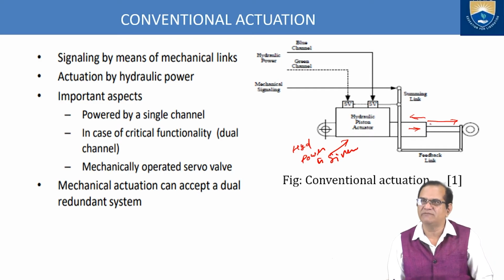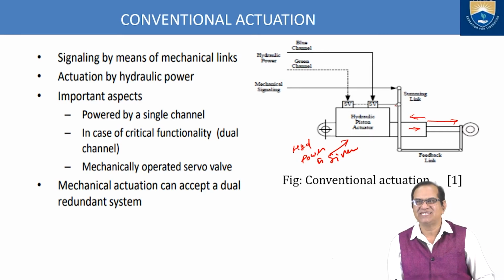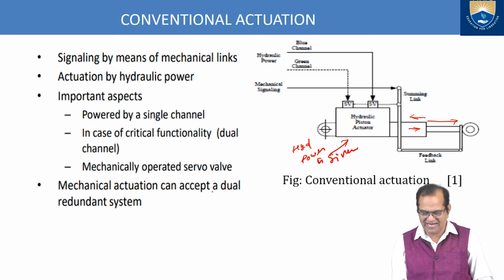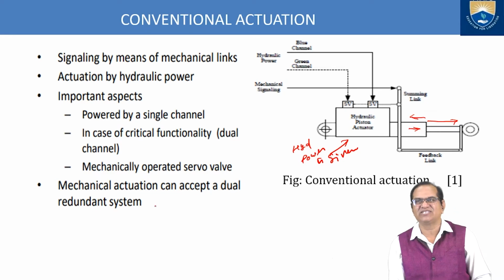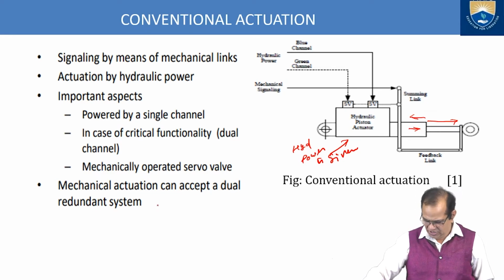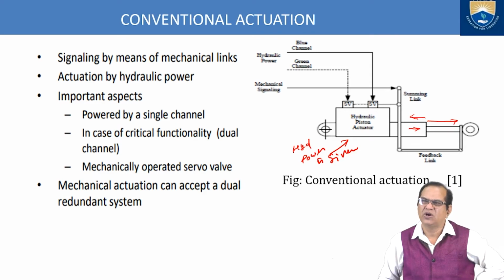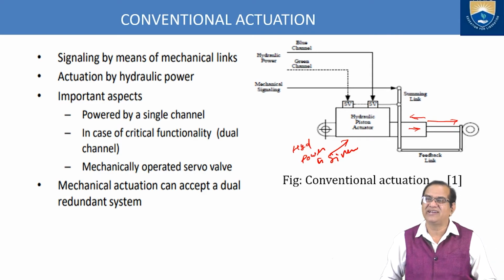Accordingly, the motion of these hydraulic jacks will be obtained, and the pilot will get the feedback and experience it on his hand. So mechanical actuation can accept a dual redundant system. In this we can get only two times the redundancy or the failure prevention systems.